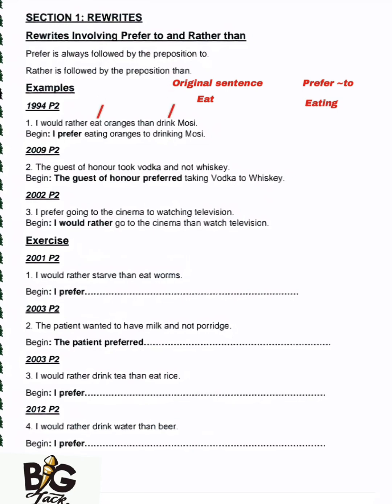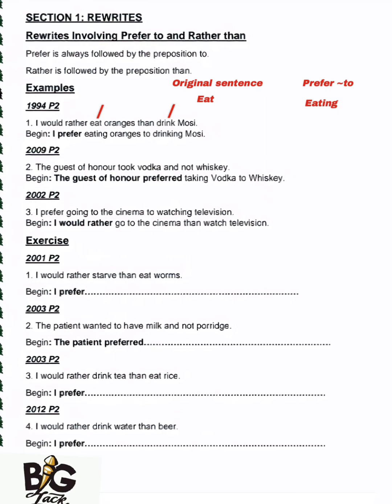Drink. Remember, I was saying, when rewriting using prefer, every verb in the original sentence you are supposed to add ing. So where there is eat, I'm going to say eating. Then where there is drink, I'm going to say drinking, as a continuous tense.